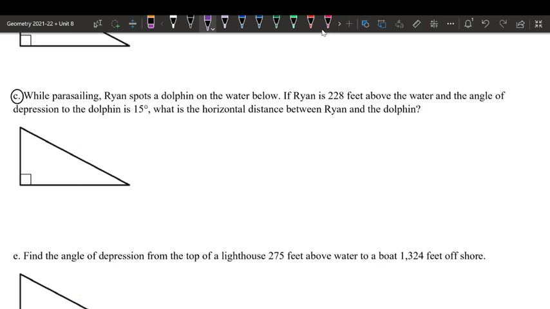Okay. If Ryan is parasailing, the water clearly has to be on the bottom, right? So this has to be the water. If it helps, draw it out. If he's parasailing, that means he's up in the air on his little parasol. That's a terrible looking parachute. So he's parasailing and he is 228 feet above the water.